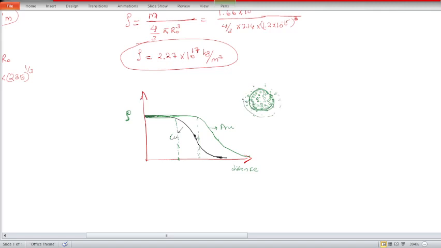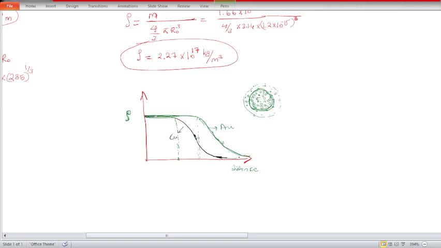Which means that the nucleus does not have a rigid wall. The number of nucleons is not the same at the inner and outer portions of the nucleus. There is a slight difference, so that's why the density decreases after reaching a certain distance from the center of the nucleus.